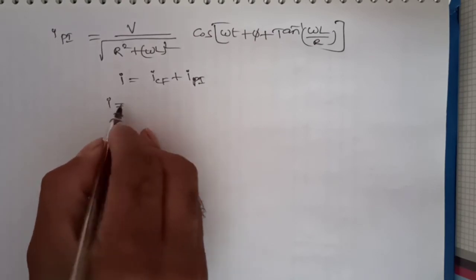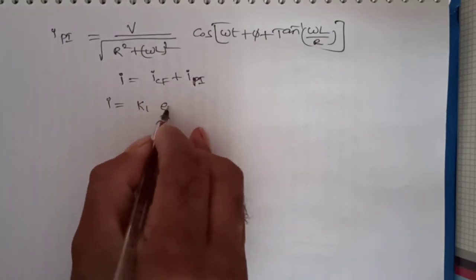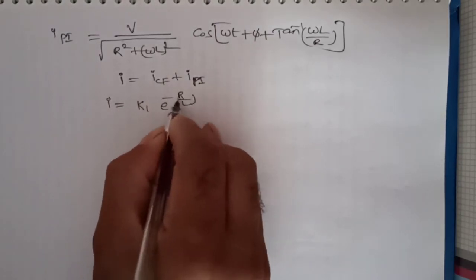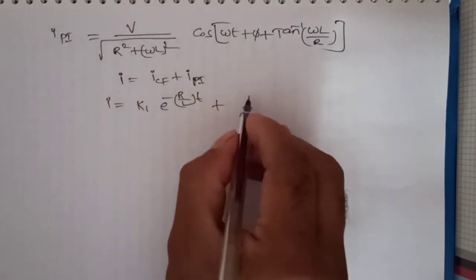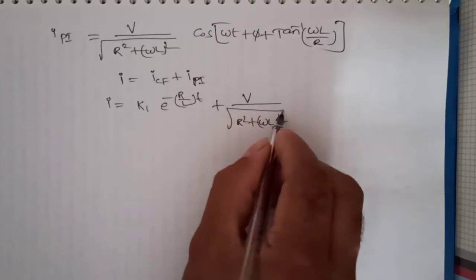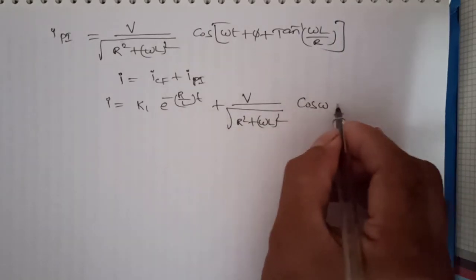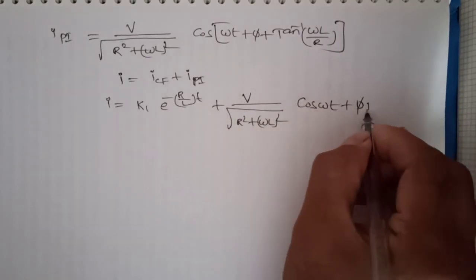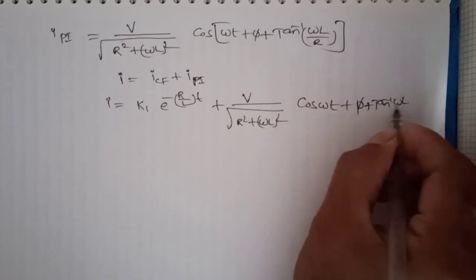So what we assumed for complementary function, k1 into e power minus r by l into t, plus particular integral, we got the solution v by square root of r square plus omega l whole square cos of omega t plus pi plus tan inverse omega l by r.